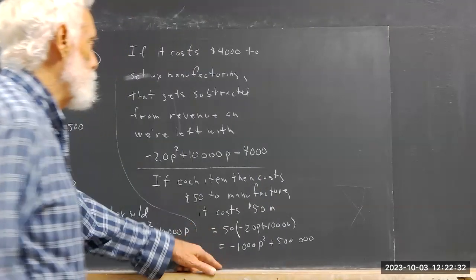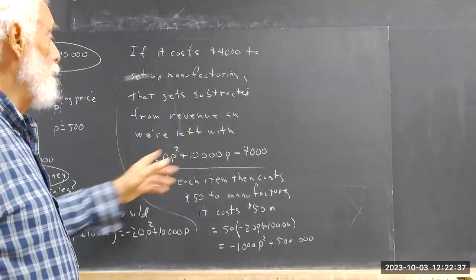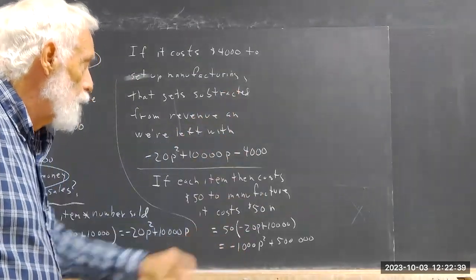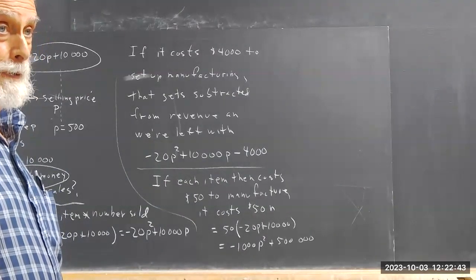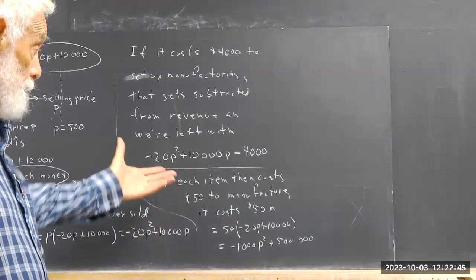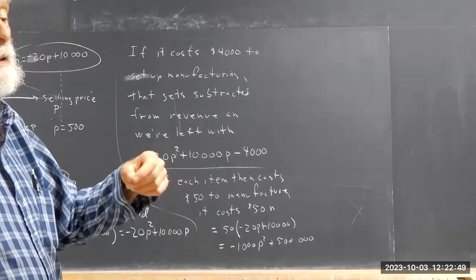And you have to subtract that from this. And you get a quadratic function that models your profit.